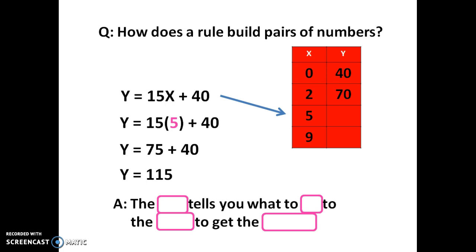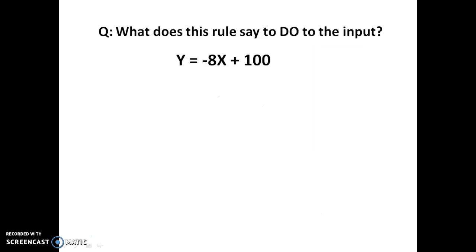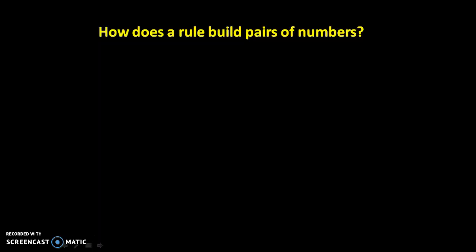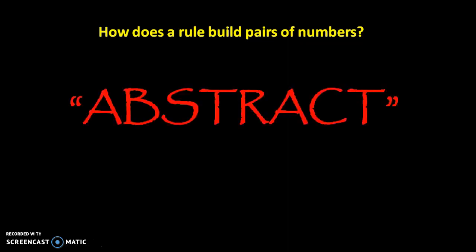In essence, the rule tells you what to do to the input, or your x value, to get your output, which is your y value. So what does this rule say to do to the input? Well, we have this negative 8x, so it's saying we're going to multiply by negative 8, and then we're going to add 100. So how does a rule build a pair of numbers?